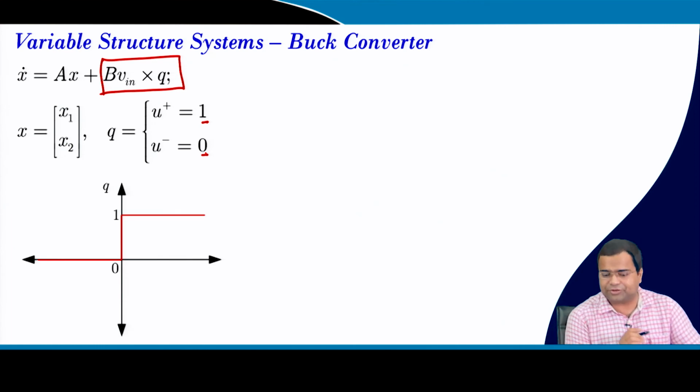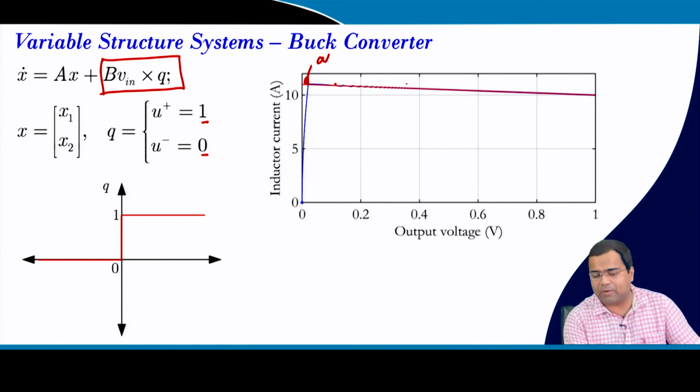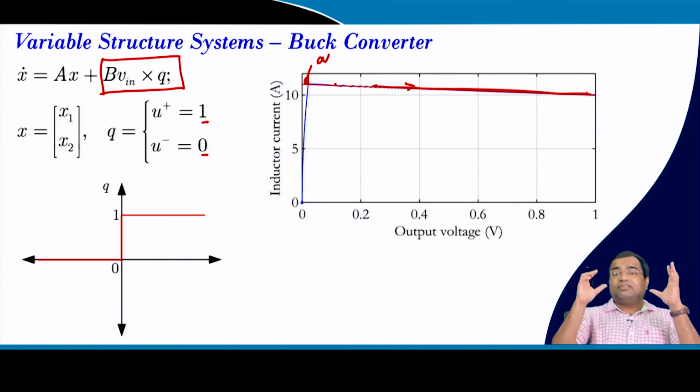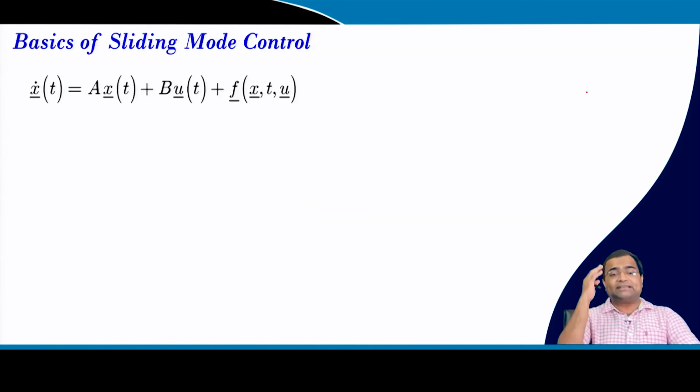So, it takes a discontinuous control input, and we have seen that this is our sigma, right, and they will move along this path. So, it looks like we are trying to shape the eigenvector for this practical system, or basically a trajectory we are trying to shape along this direction. So, these are the basics of sliding mode control.